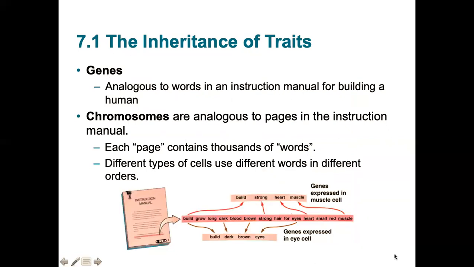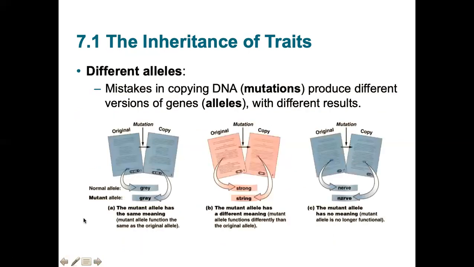This is a nice little analogy that they built, where our genes are the instruction manual, so you could consider this like all your DNA, and the chromosomes are individual pages, and each page is going to have thousands of words, and those words can be read differently to create different proteins.